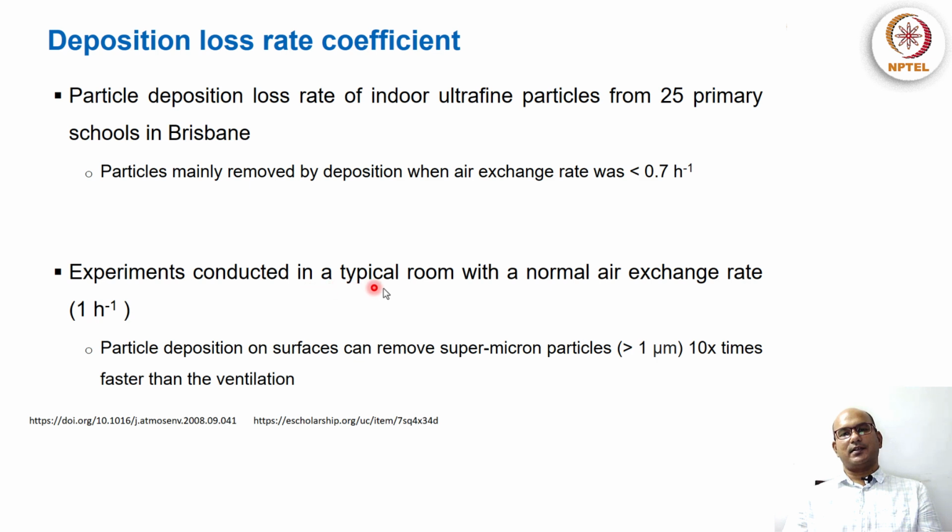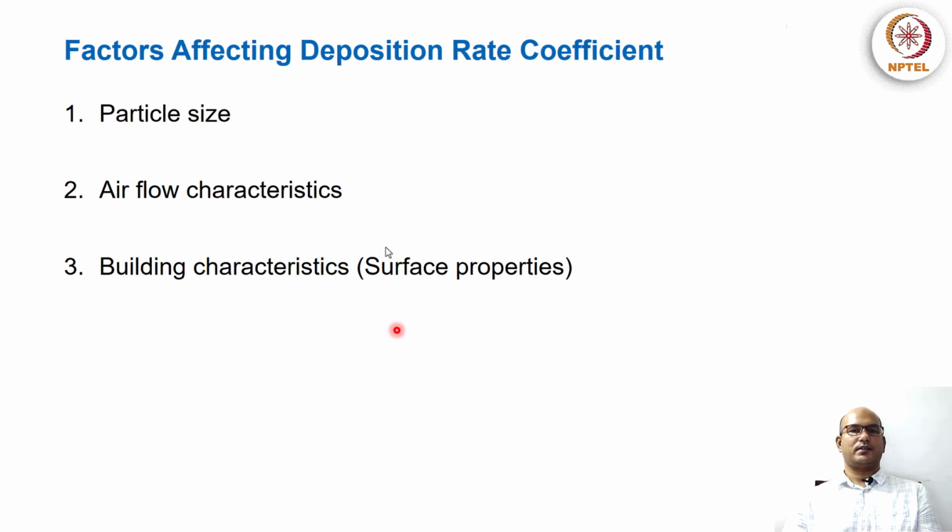In experiments conducted in a typical room with a normal air exchange rate of approximately 1 per hour, particle deposition on surfaces was found to remove supermicron particles, so more than 1 micrometer diameter, 10 times faster than the ventilation. So we are talking about coarse particles, and as we have seen previously, they can be removed by deposition and they are more independent of the air exchange rates.